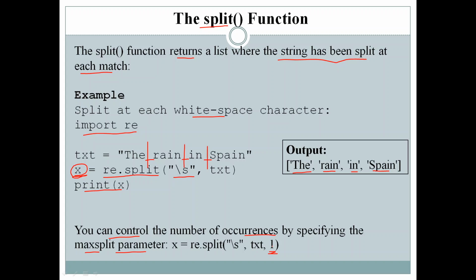When I specify the maxsplit parameter as 1, only at the first match the string is split into two different strings only.